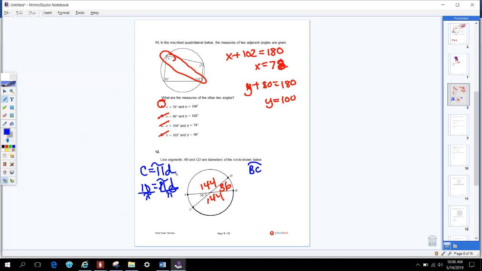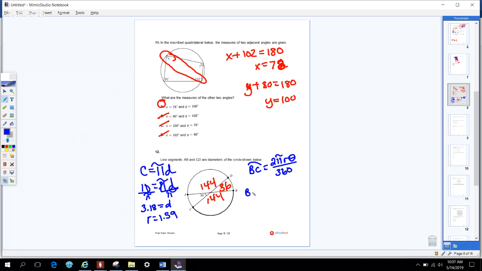So if you do 10 divided by pi, you're going to get 3.18 as the diameter. But the arc length formula is 2 pi times the radius times theta divided by 360. So now we have to figure out what the radius is. We take 3.18 and divide that by 2. That gives me a radius of 1.59.